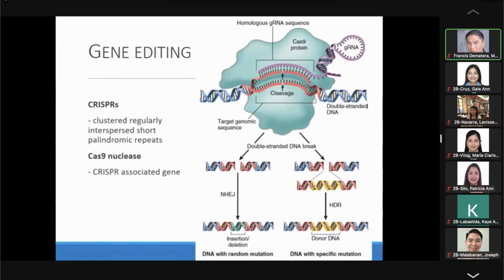CRISPR is clustered regularly interspersed short palindromic repeats, and Cas9 nuclease. This is a CRISPR-associated gene. Okay. So the CRISPR and Cas9 complex has been initially discovered in bacteria as part of their immune system, which they use to recognize the DNA of their infecting agents.